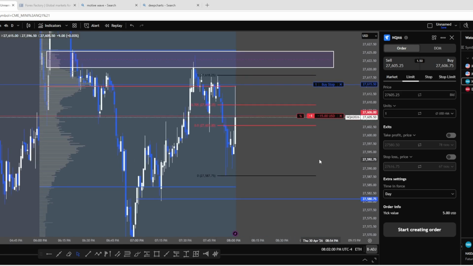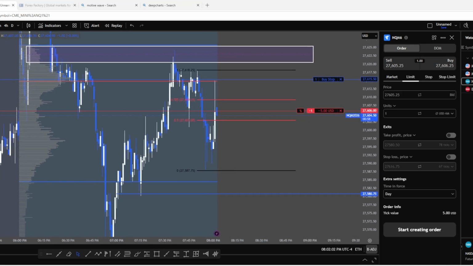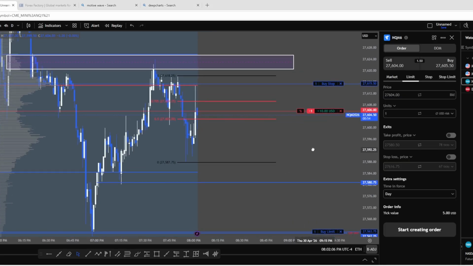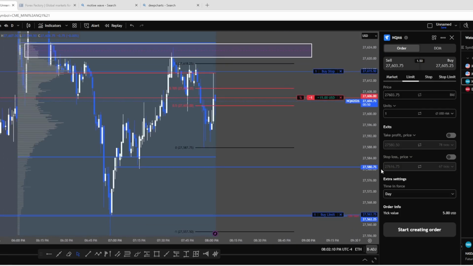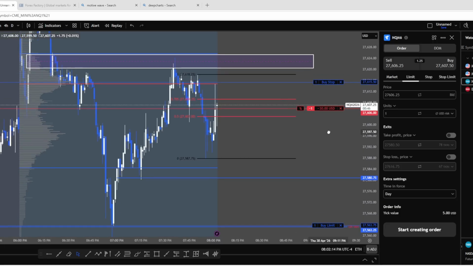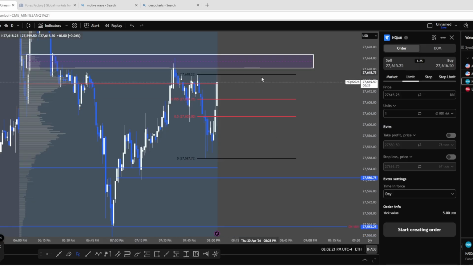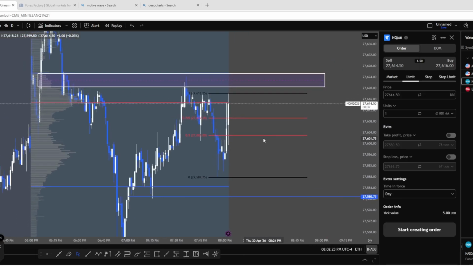We're looking for a nice push down here. Let's open up Bookmap. There's some sells above it. Gonna try and get out down here. See if we can push. We're holding here. Oh wow. There we go.